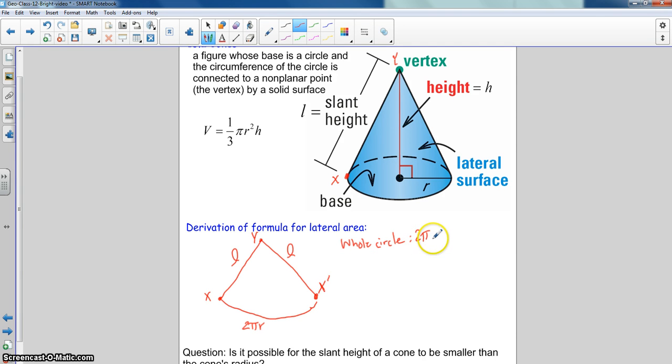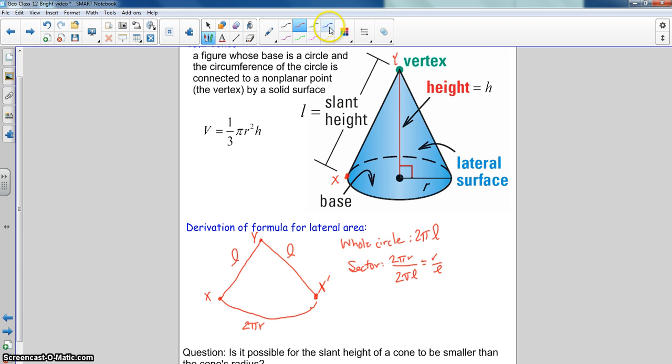So it would be 2 pi L. But now I only want a sector of that. The total is 2 pi L, and this portion that I have is given by 2 pi r, just the measure of this arc. So this reduces to r over L.